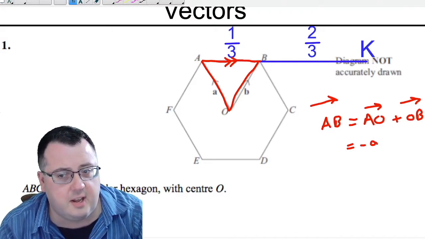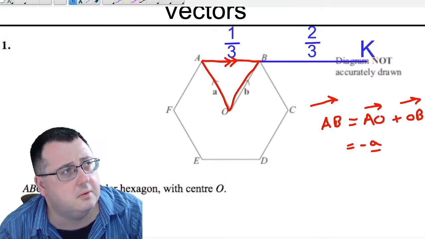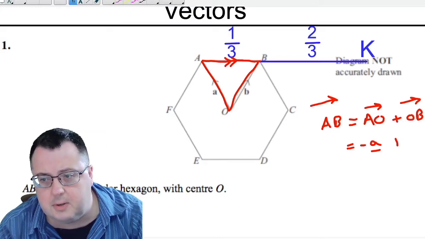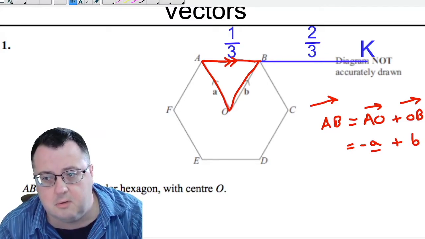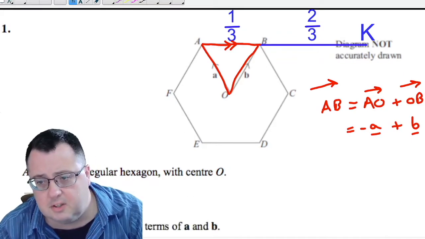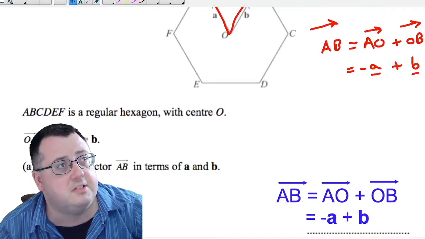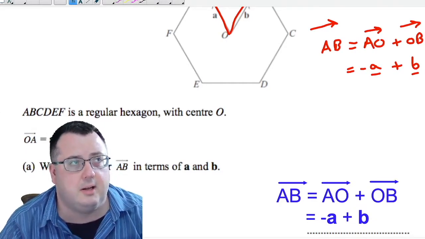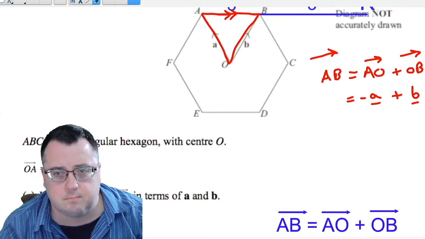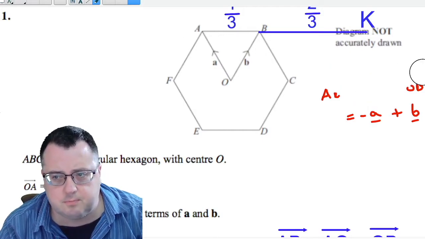So it's got to be negative A. And then I've got to add B because O to B is B. So A to B equals A to O plus O to B equals minus A plus B. We happy with that so far? Right, I'm going to rub out my workings.